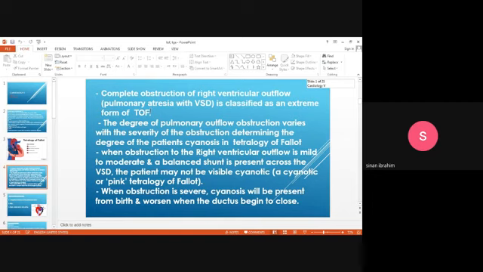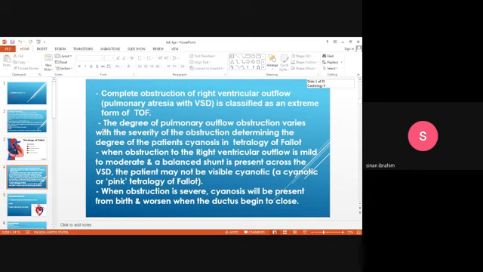So the pulmonary valve will be closed. This has a different presentation and a different treatment from the classical tetralogy of Fallot, with different timing of management and surgery.